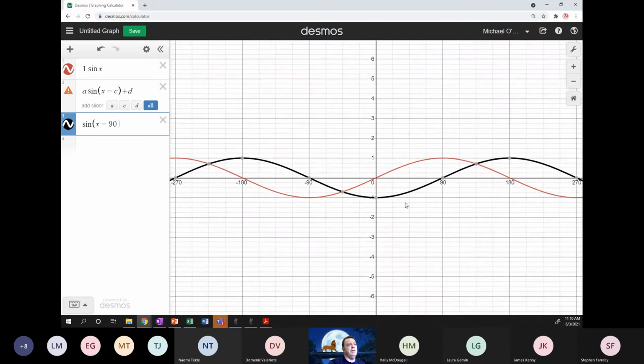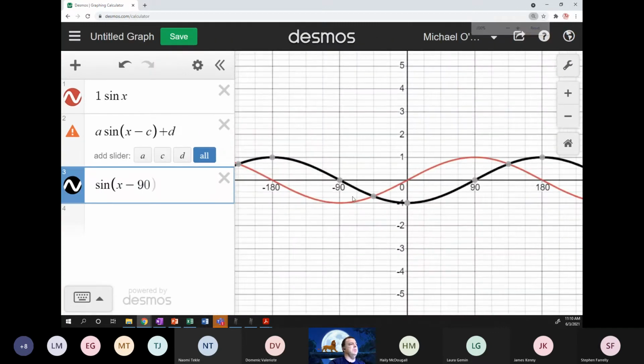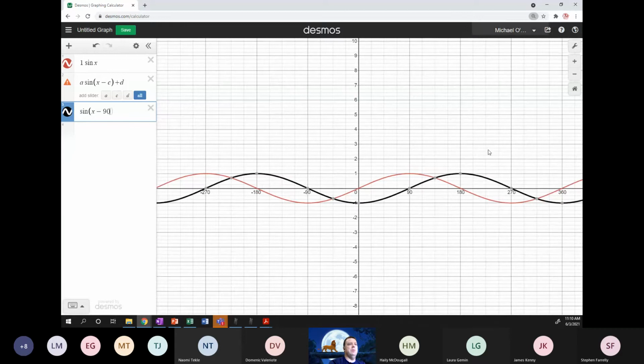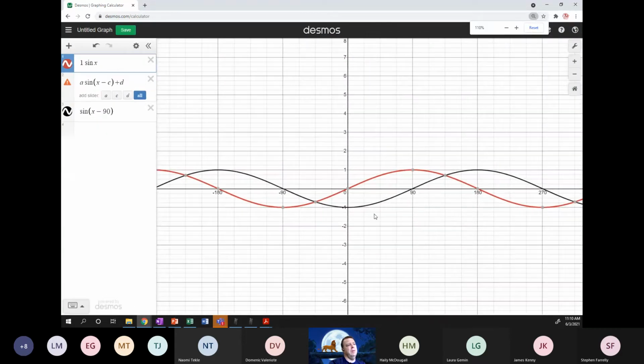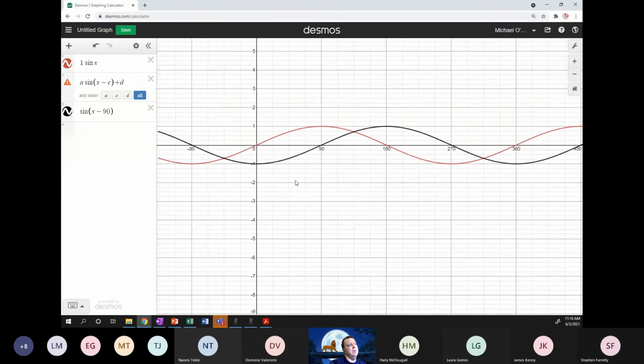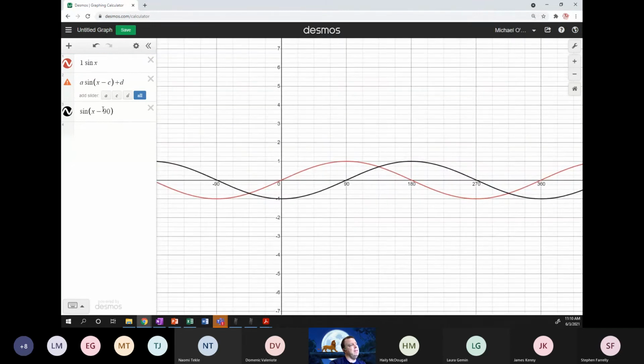Okay, I'm going to zoom in here. Oh, okay. So if you take a look, it's a minus 90 in the bracket. So what that actually means, it's a negative over there, it's actually a plus. So we're taking this dot right here where it starts, and we're moving it to the right 90, and this is where it starts now.